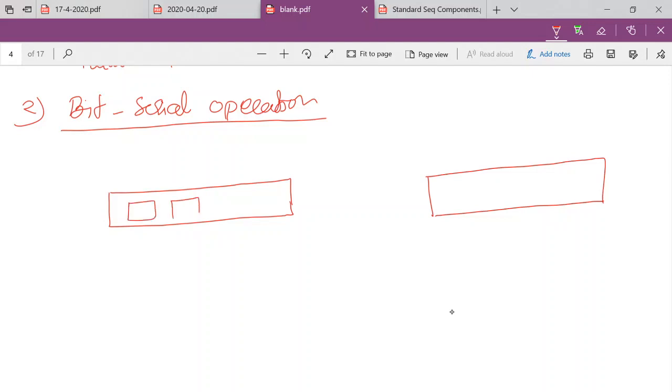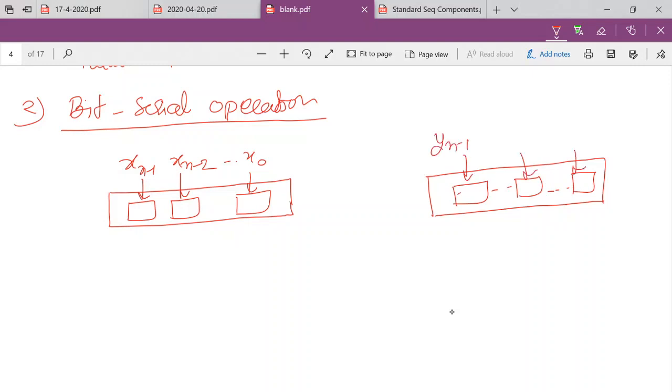So I'm assuming that one data is x, so we have represented x n minus 1, x n minus 2, to x0, and another data we are going to store into another register, and we are denoting it with y. So y n minus 1, y n minus 2, and y0. Fine.